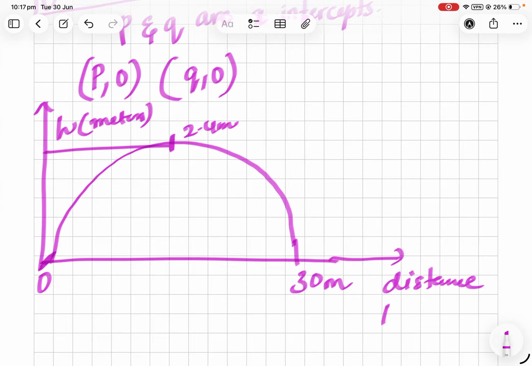And if you have time, we'll also use time on our x-axis. So this is our x-axis and that's our y-axis. Now we need to extract our quadratic equation just with this information. So let's see. And then we are going to graph. Once we get the equation, it's easy to graph.